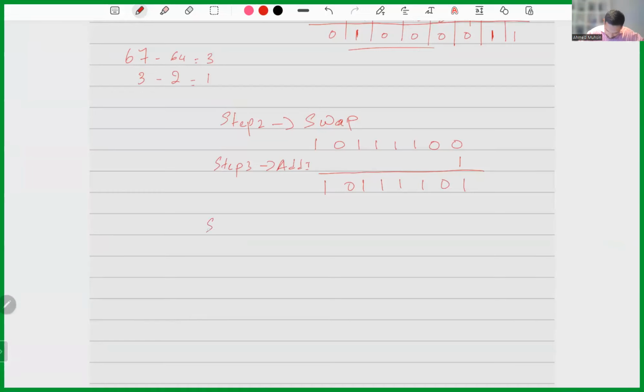Step number 4 is multiply values by position value. So we have 1, 2, 4, 8, 16, 32, 64, and then minus 128.